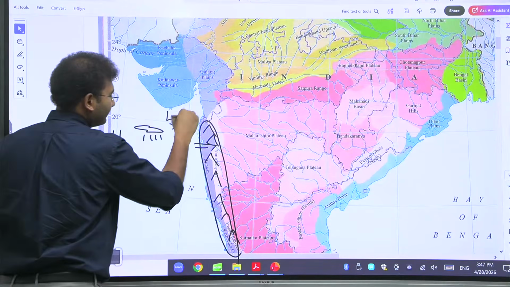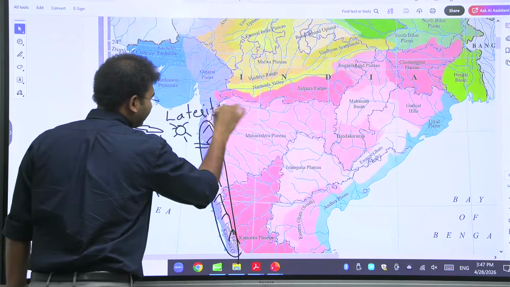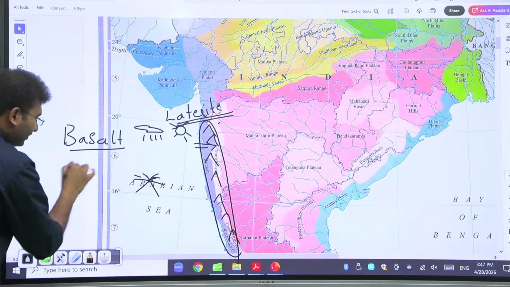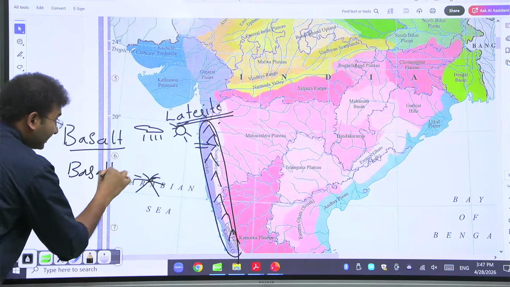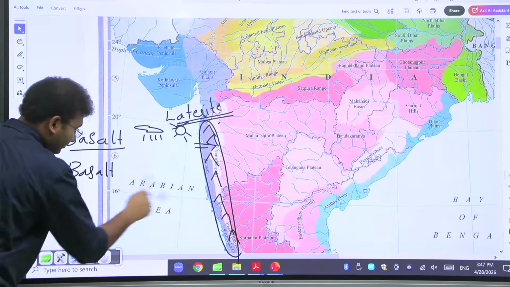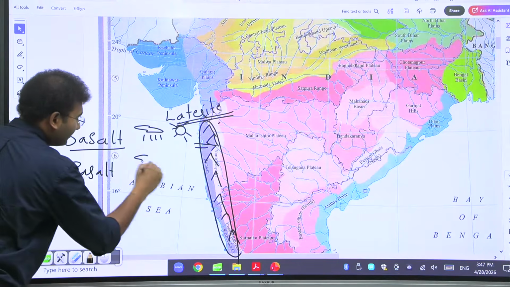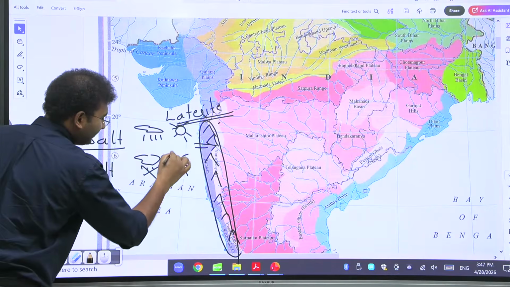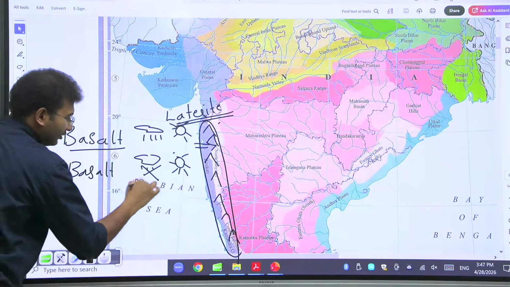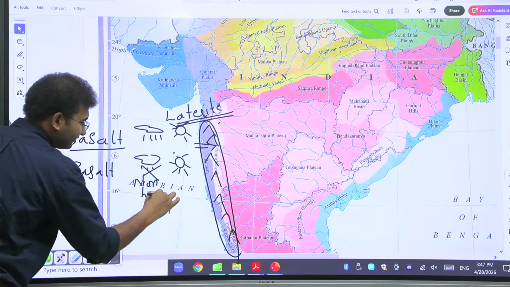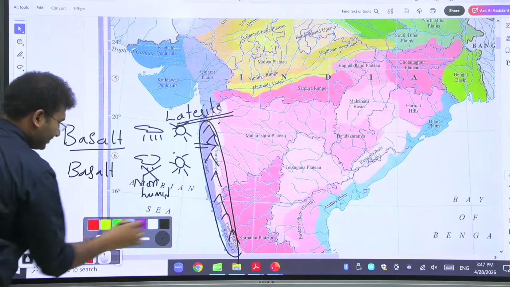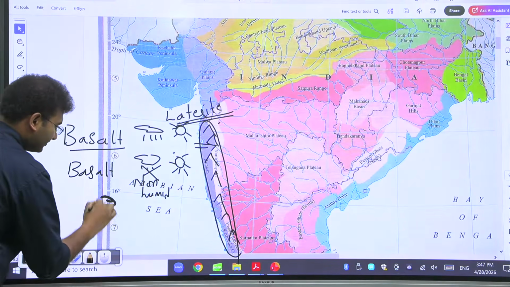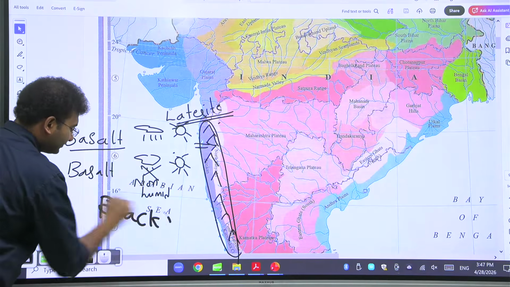This is laterite, right? If you have basalt and you have no rain but a good amount of heat, a non-humid area, this will be black soil.